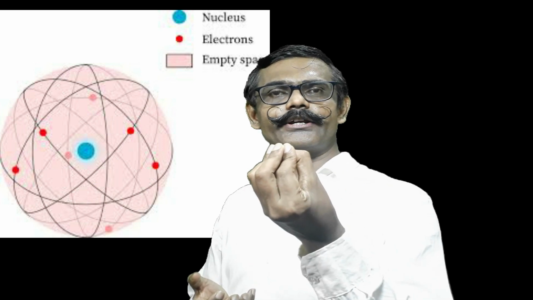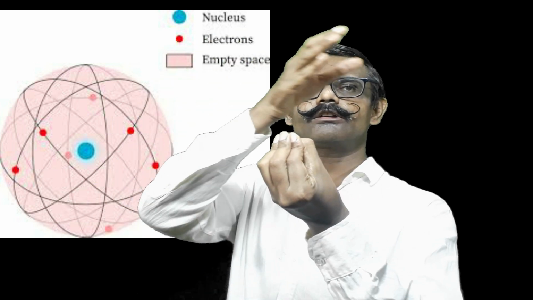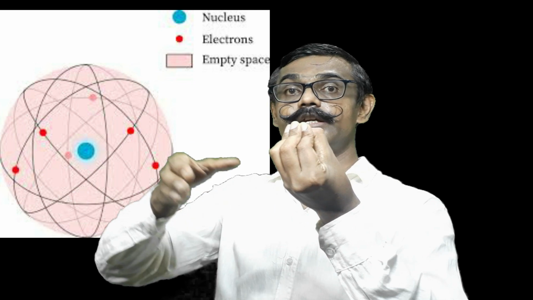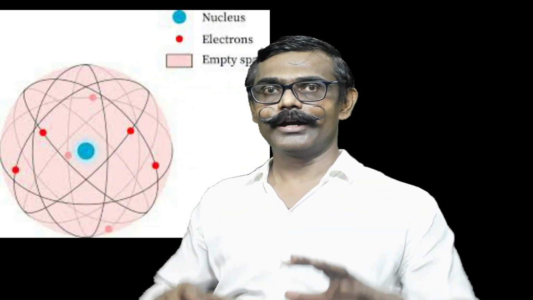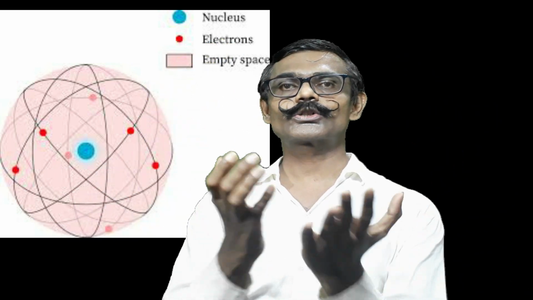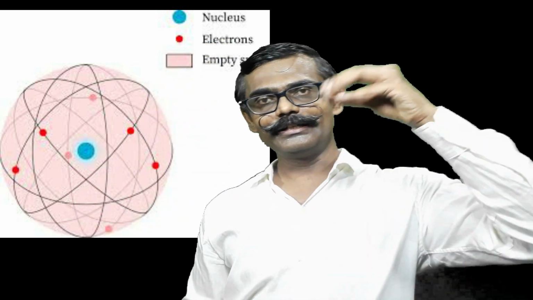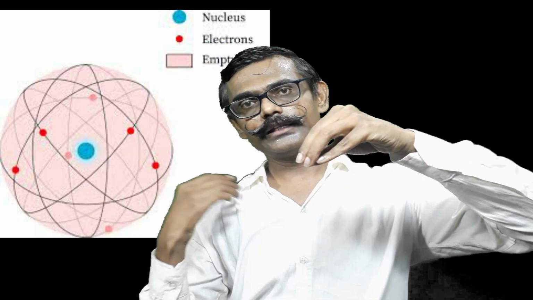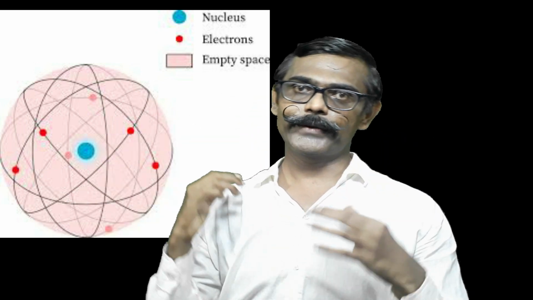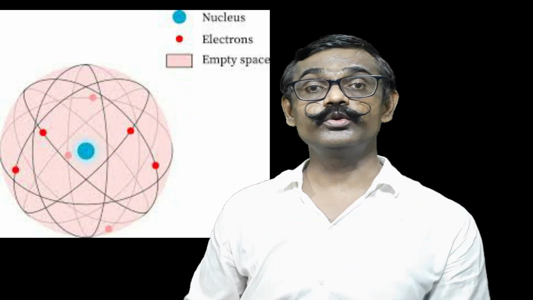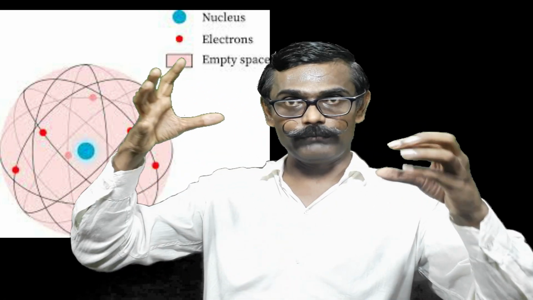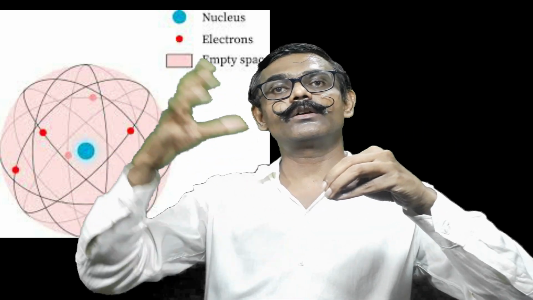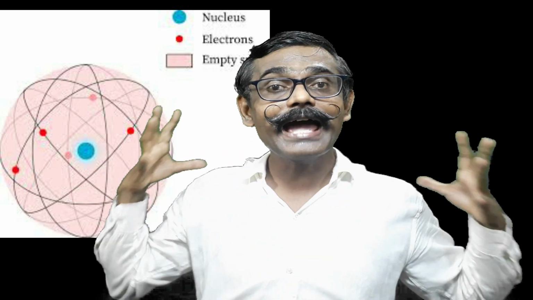The nucleus will be at the center, positively charged, and electrons are revolving around the nucleus, just like in our solar system, where the sun is at the center and the other planets revolve around it. Between the nucleus and electrons, there is a considerable gap. It was the model of Rutherford.